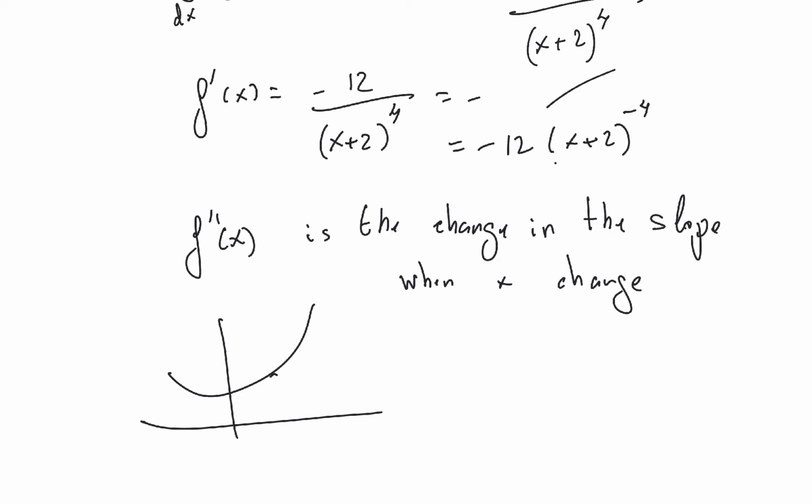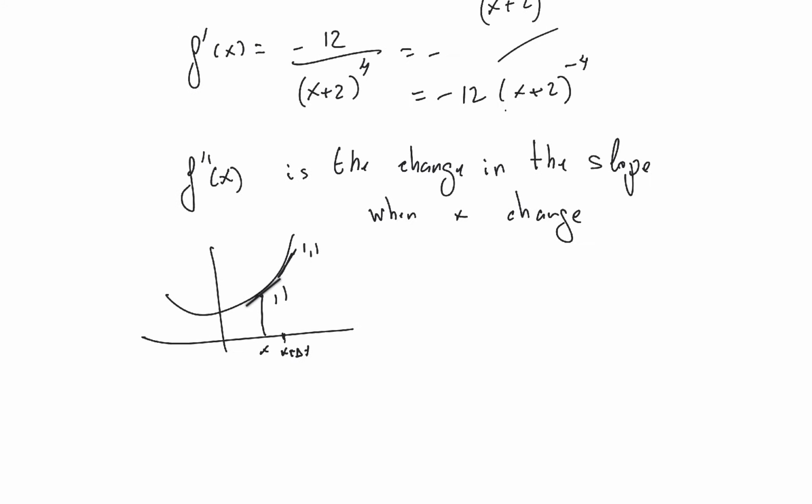This one is the slope. This one is one slope. And when you move a little distance delta x, when you move to x plus delta x, the slope for sure will change. So the slope here maybe is 1. And maybe here the slope will change to 1.1. So the second derivative measures the change in the slope. So from 1 to 1.1 slope, the change in the slope. And the problem is saying, what is the change of the slope? Or what is the f second?